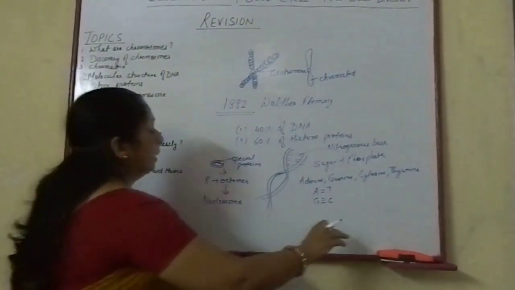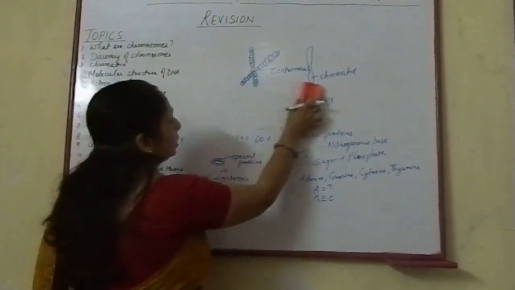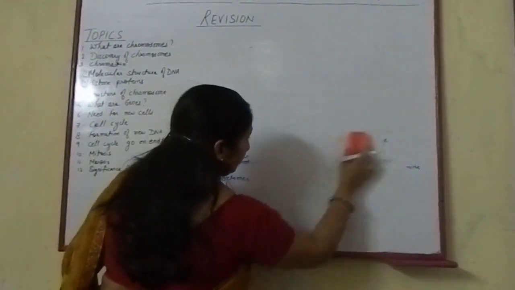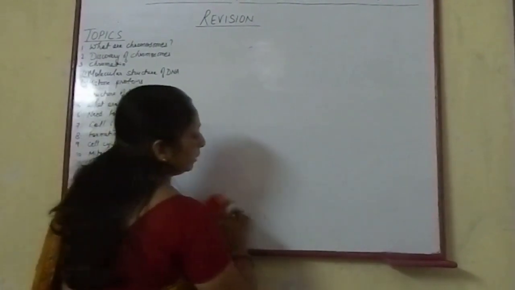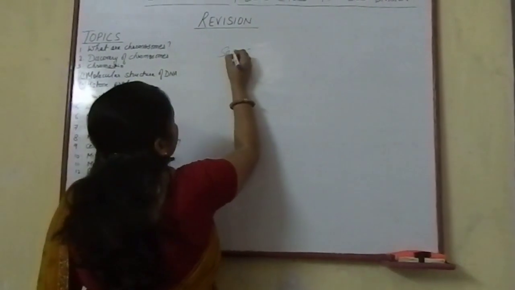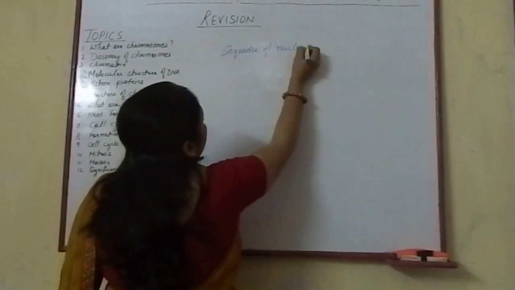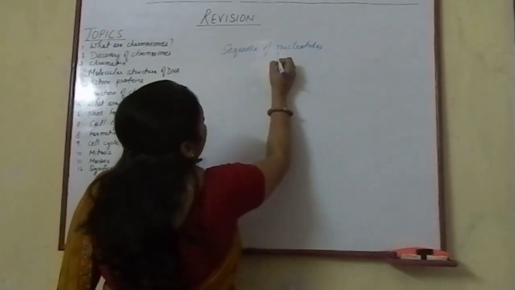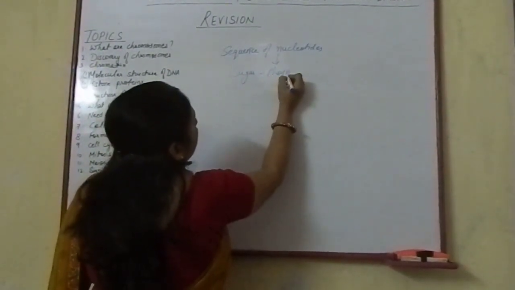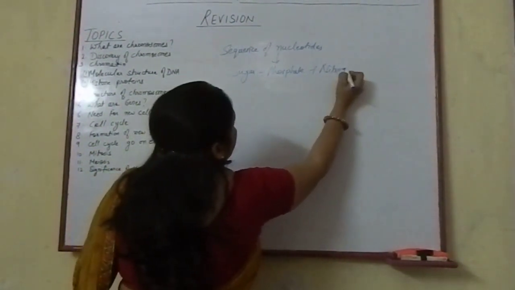Next point that we have discussed is genes. Genes are a special type of coding, a sequence of nucleotides, which is responsible for the transmission of characters. Nucleotides consist of sugar, phosphate and nitrogenous base.